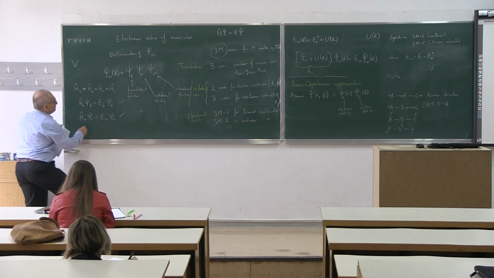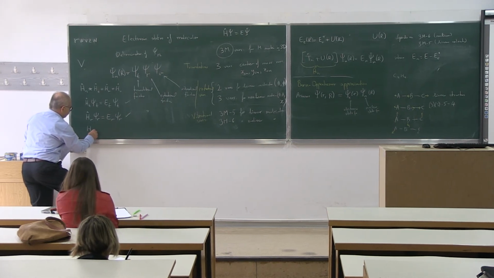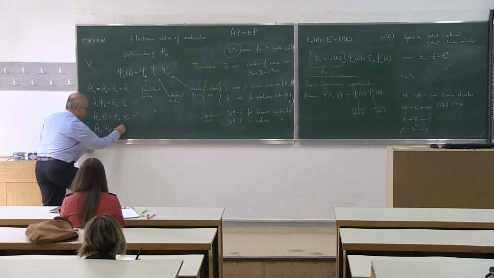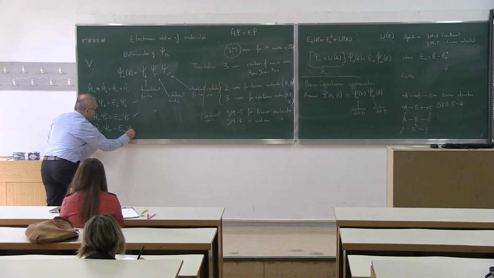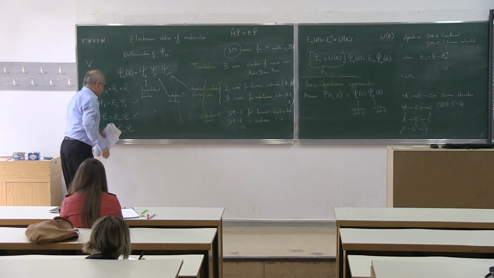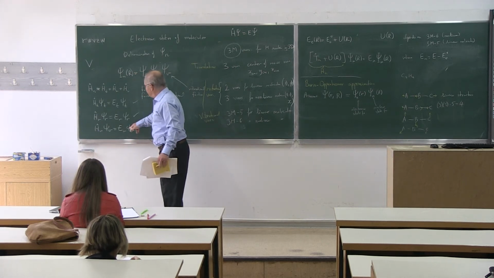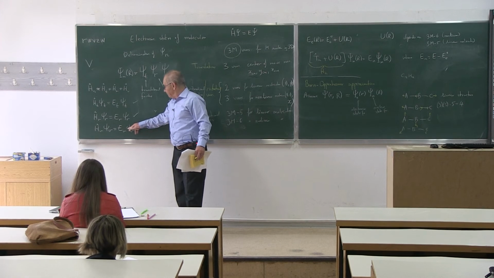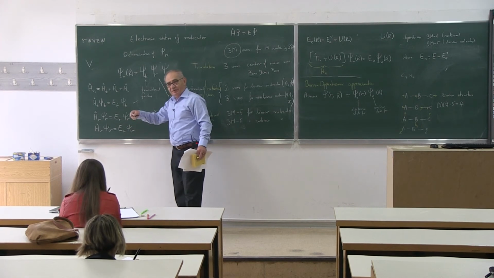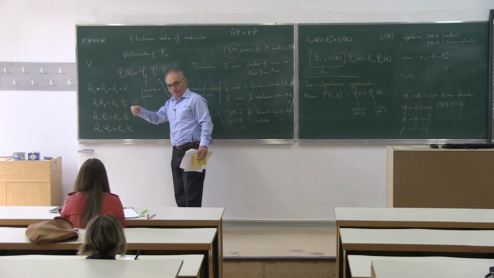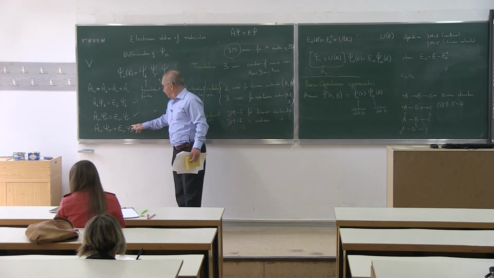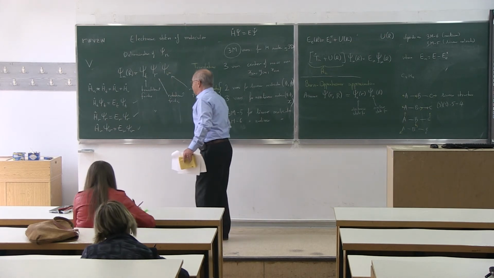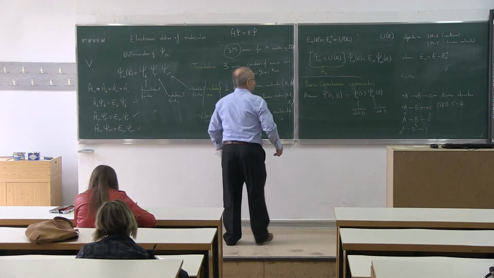And then the vibration part is obtained by solving the vibrational Schrödinger equation. And we have studied an example of the vibrational Schrödinger equation in the case of a diatomic molecule. So this is also solved like that.